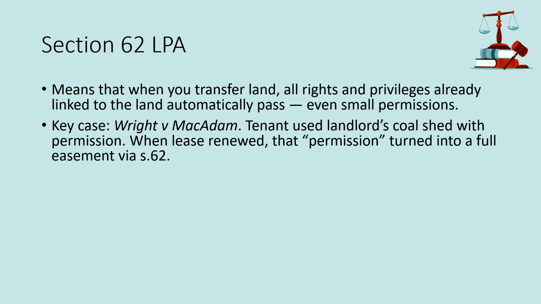So for example in Wright v. McAdam, this is obviously a bit of an older case, but the tenant used the landlord's coal shed and they had the permission to use it. So when the landlord then leased the property again and renewed the lease, this turned into a full easement automatically, and the tenant's rights were then protected in certain ways.